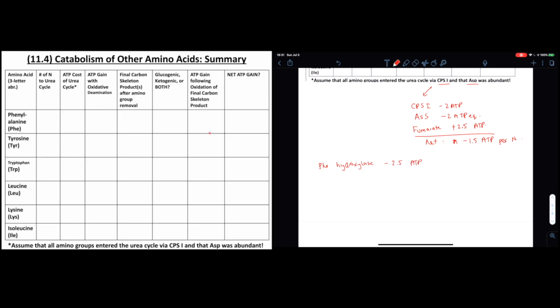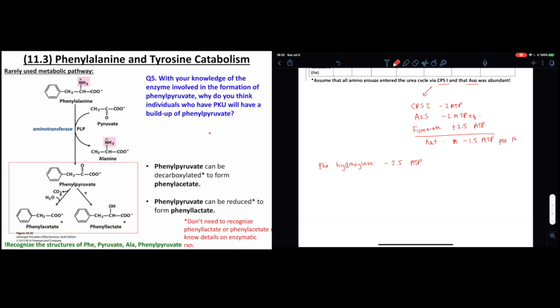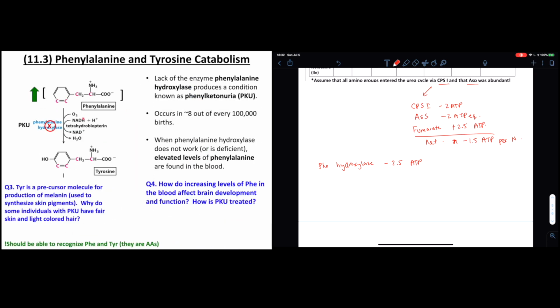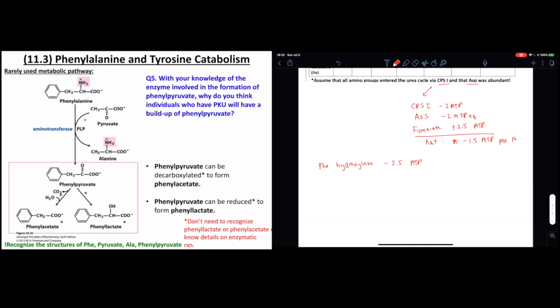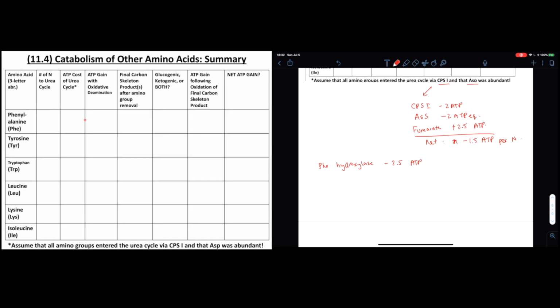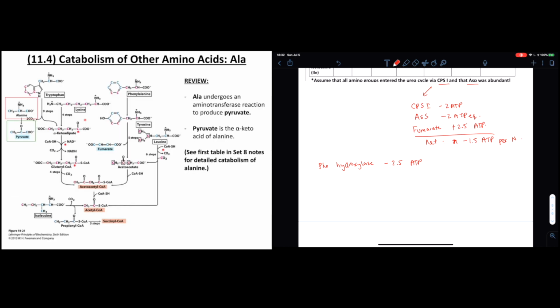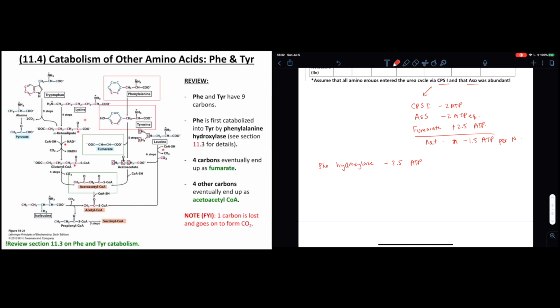Okay, why is that again? Because when we go back to that enzyme, we use an NADH. It's indirectly through tetrahydrobiopterin, but we still use an NADH here, so that's why it's -2.5 ATP, okay? So phenylalanine gets first catabolized into tyrosine through phenylalanine hydroxylase, the enzyme that is lacking in PKU patients.